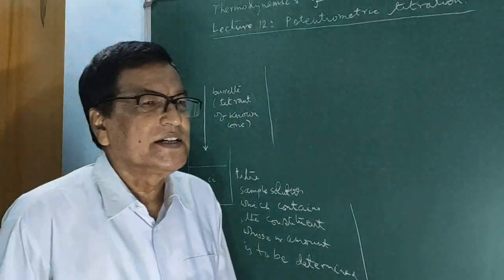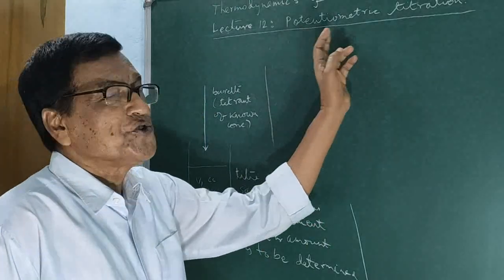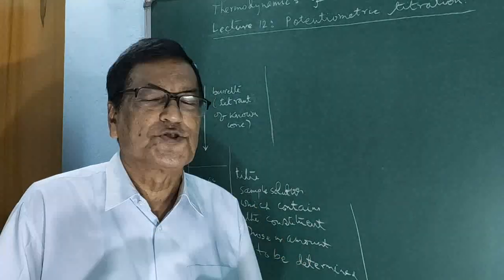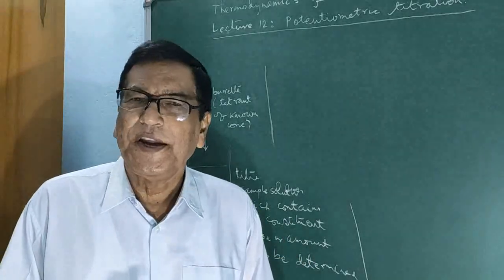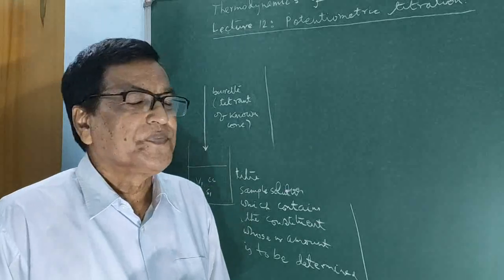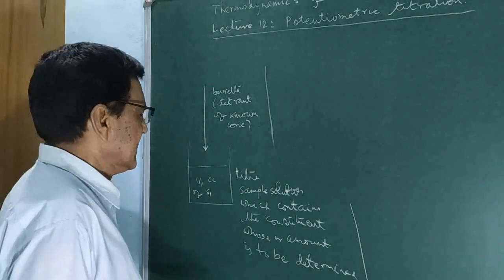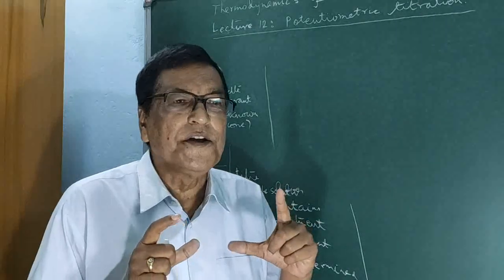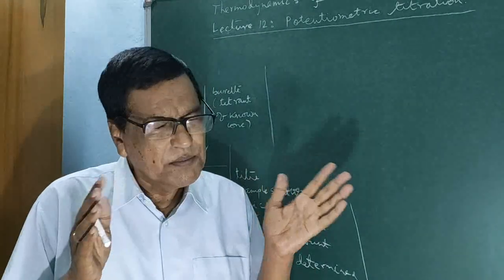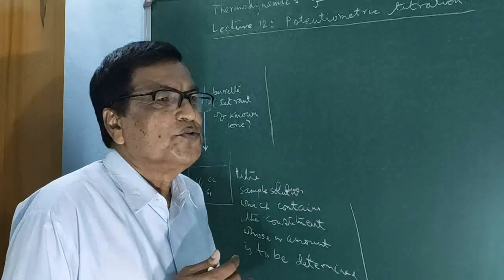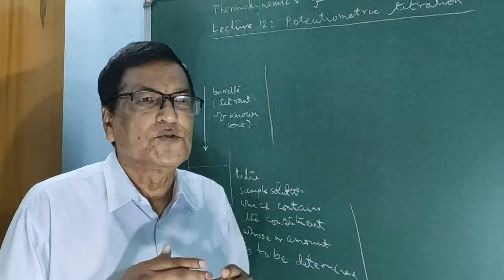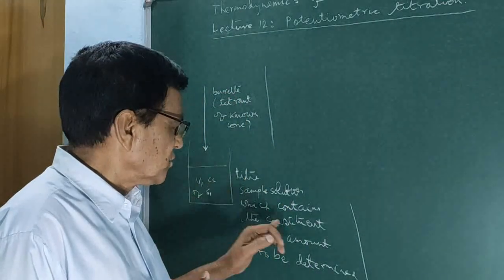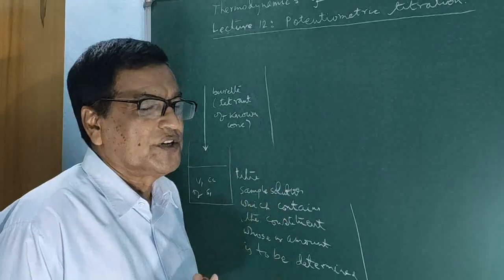Today, I shall discuss only the potentiometric titrations, where the potential of an electrode is used to determine the end point of the titration. In this case, one suitable electrode, which is called the indicator electrode, whose potential depends on the concentration of the constituent in this sample solution.